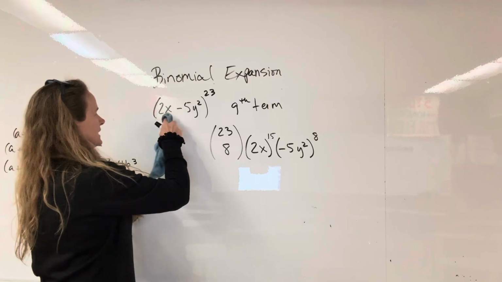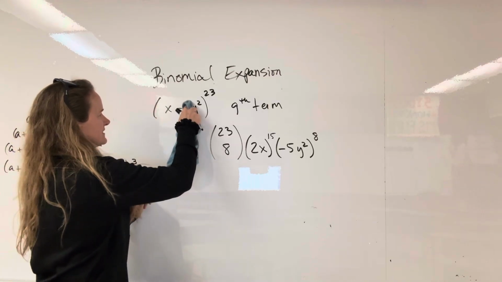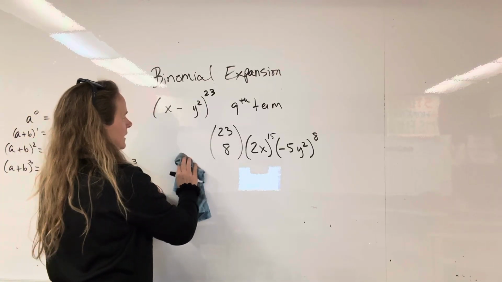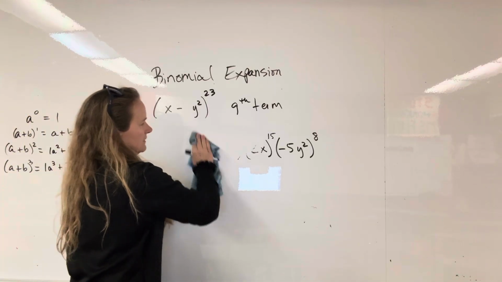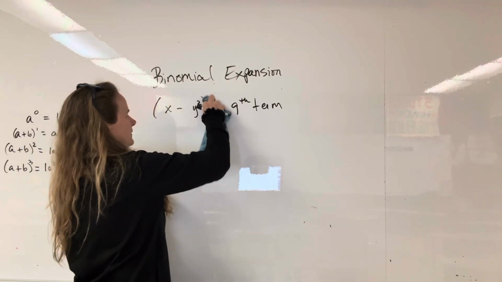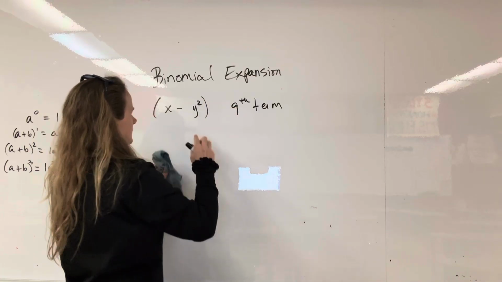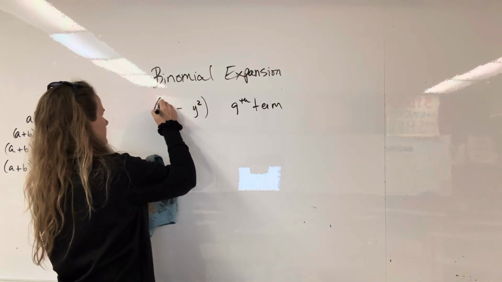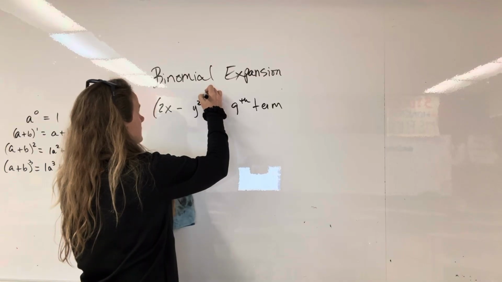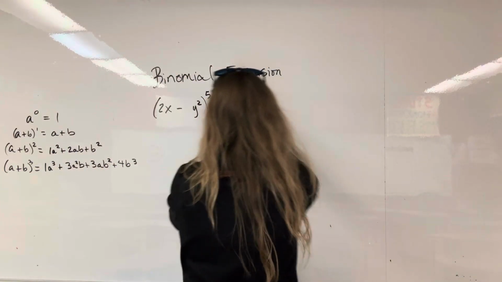They'll be like, okay, we'll do x and then minus y squared, to the power of 23. Or we'll do like a 2 here, to the power of 5.